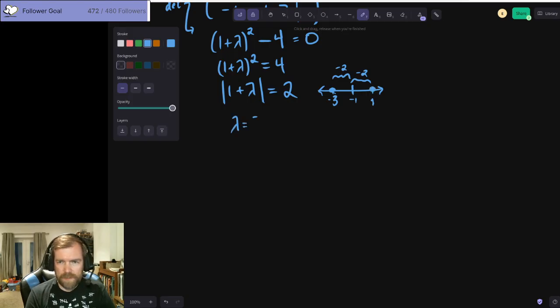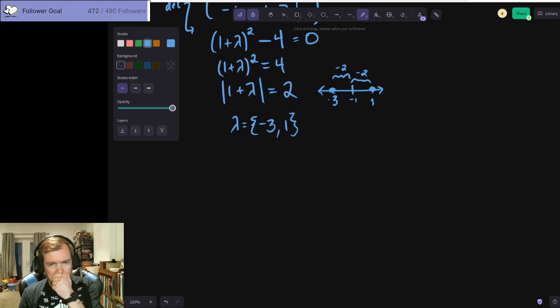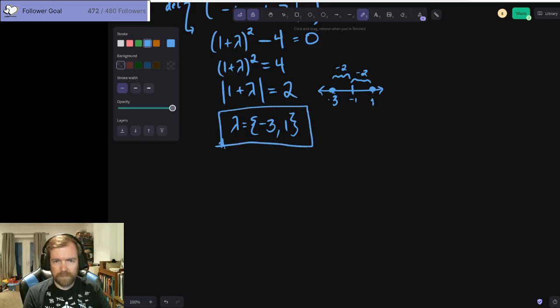So lambda is going to be equal to either -3 or +1. Sounds good then? Which is quasi bad news, because that means that we have one thing that's going to collide with a part of our particular solution. One of the terms in the homogeneous solution, that is.